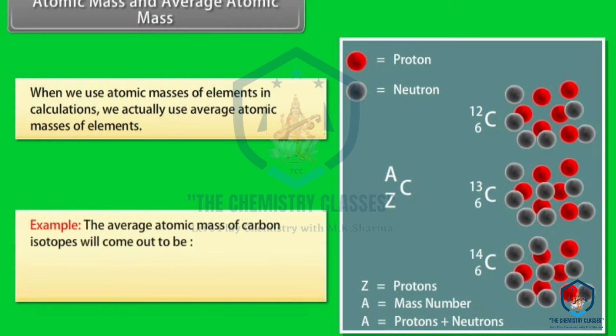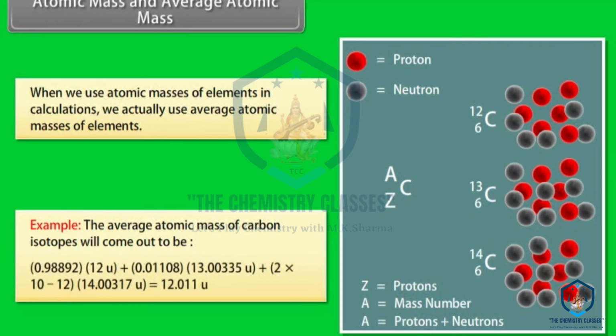Example: the average atomic mass of carbon from its isotopes will come out to be 0.98892 × 12 u plus 0.01108 × 13.00335 u plus 2 × 10^-12 × 14.00317 u, which is equal to 12.011 u.